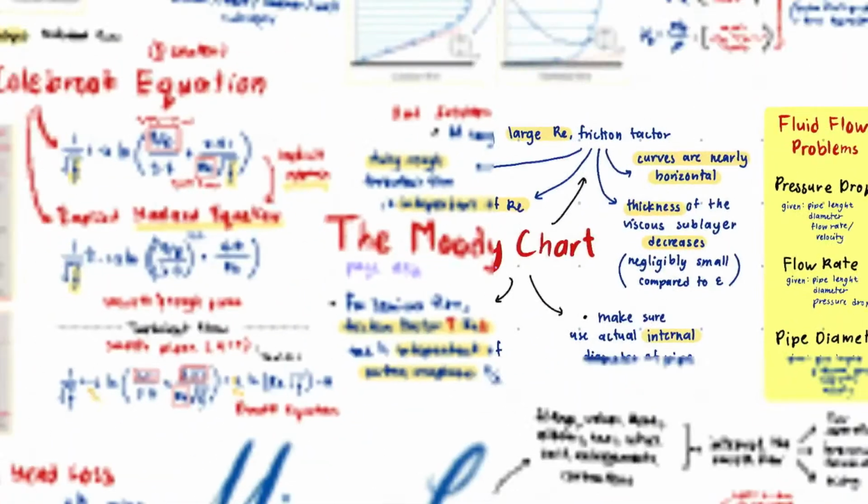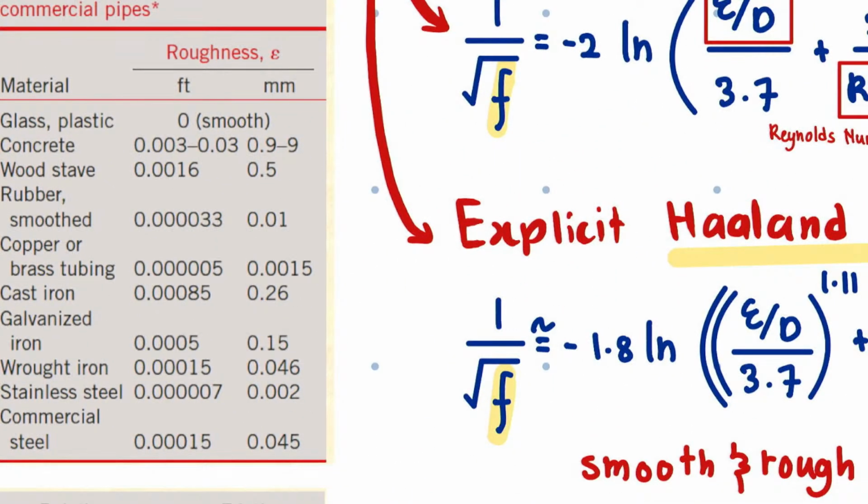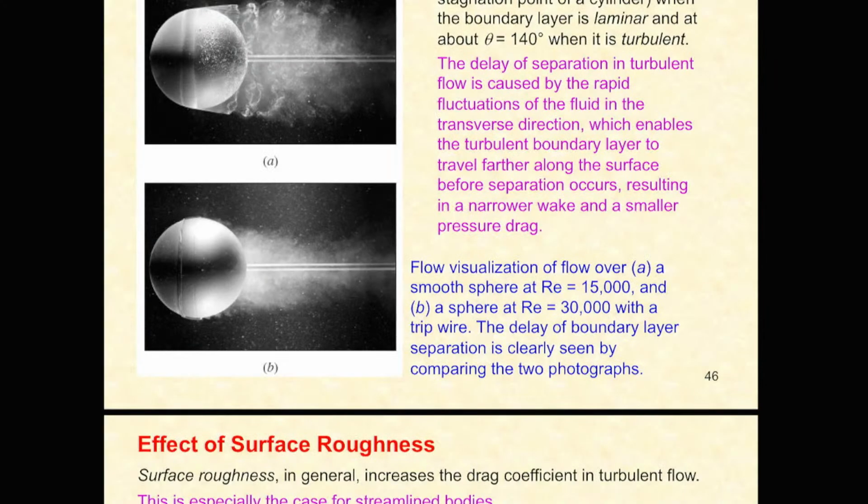This is important, I mentioned earlier that all these materials have their own roughness. Brass has a roughness of 0.0015, which is very smooth and approaching zero. So I choose brass tubing.